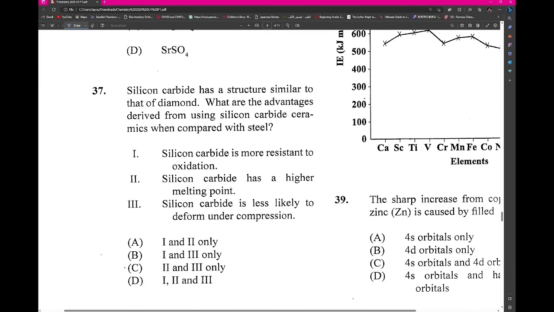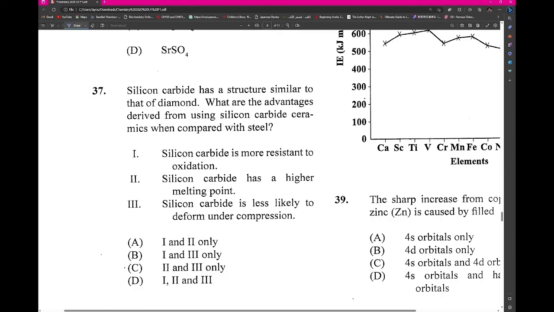37. Silicon carbide has a structure similar to that of diamond. What are the advantages derived from using silicon carbide ceramics compared with steel? So silicon carbide is most resilient to oxidation. I have melting point, let me see. It is less likely to deform under compression.